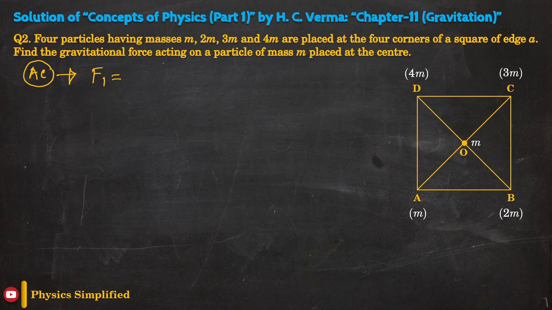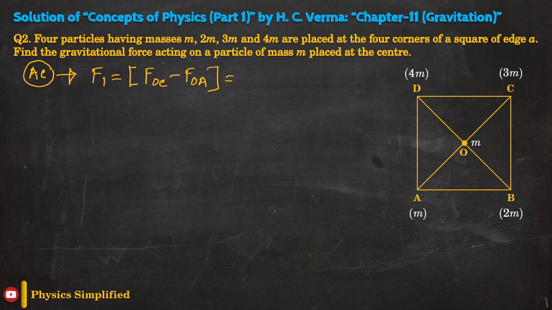Now since FOA and FOC are two oppositely directed forces, it will simply be the subtraction of the two forces. Since FOC is greater than FOA, F1 will be simply FOC minus FOA.